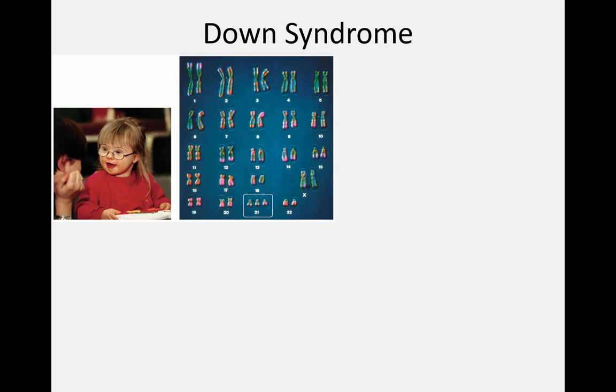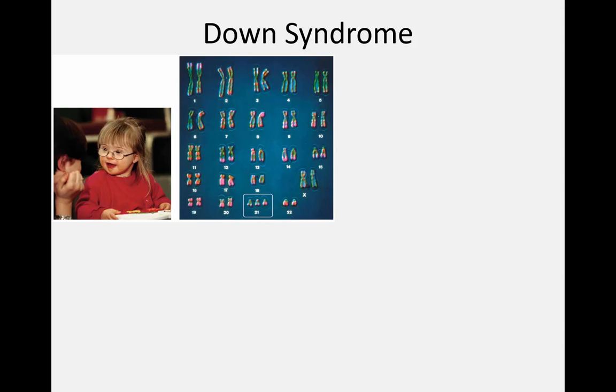So Down syndrome, also known as trisomy 21, is due to having one extra chromosome in the 21st pair, and that results in a condition called Down syndrome. And there are certain characteristics that individuals that have trisomy 21 have. So they have a characteristic facial appearance, some form of mental impairment.